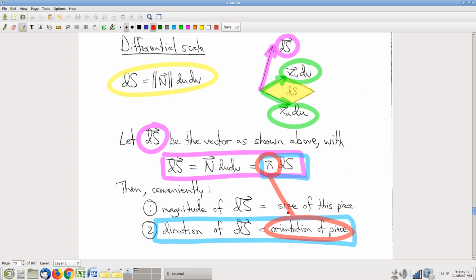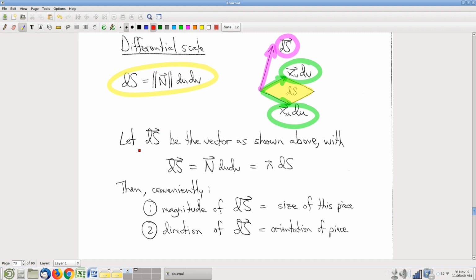Okay. All right. So the way I like to say this is that this ds vector tells you everything you might want to know about the piece of surface. What might you want to know about the piece of surface altogether? How big is it and how is it facing? Which direction is it pointing? That's everything you could possibly want. If you're interested in flux, how much fluid is flowing through a piece of surface? How much area, right? How big? And how is it oriented?